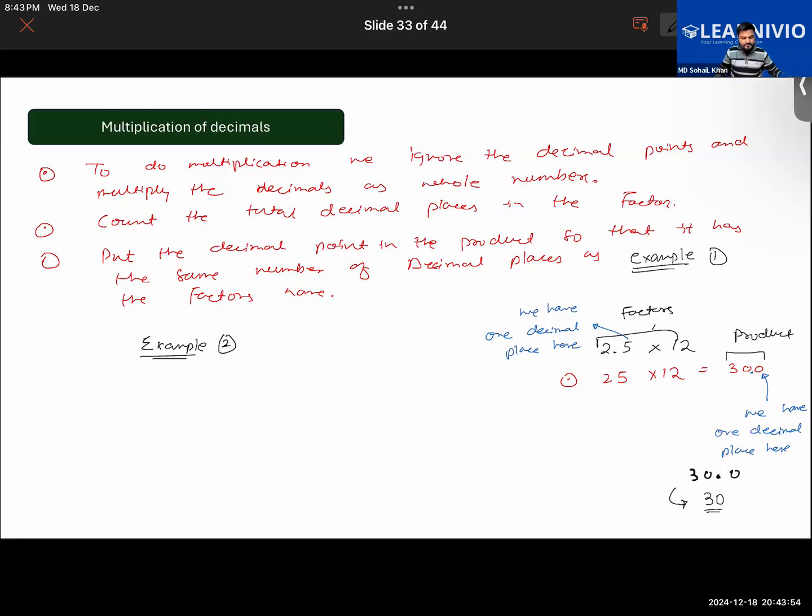Sir, I first wrote the first point of this to do multiplication, then wrote the example. Is it okay? It is okay, no issues.